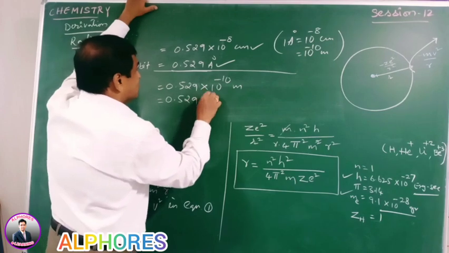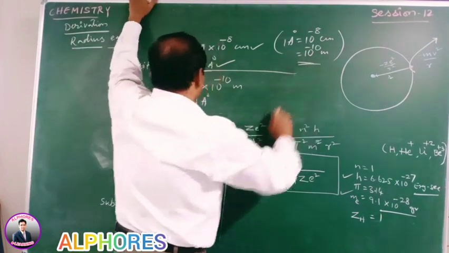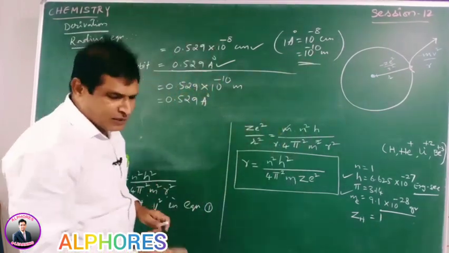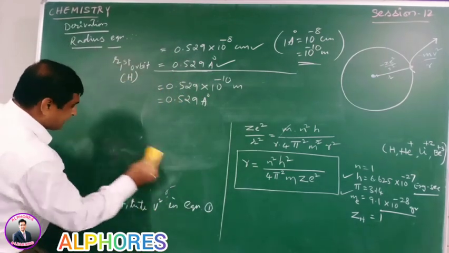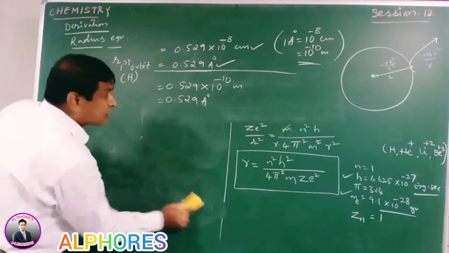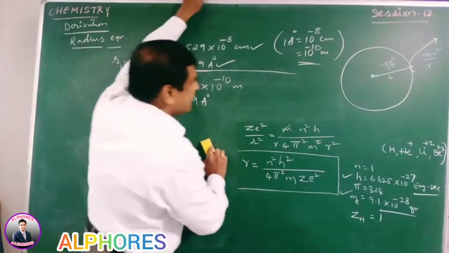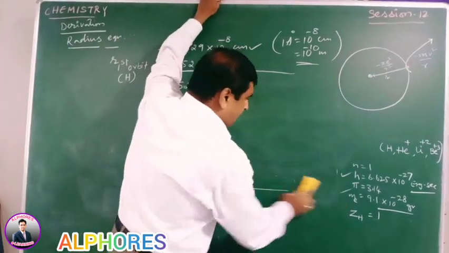So this is the way to calculate the radius of the first orbit of hydrogen. It is very simple and interesting.